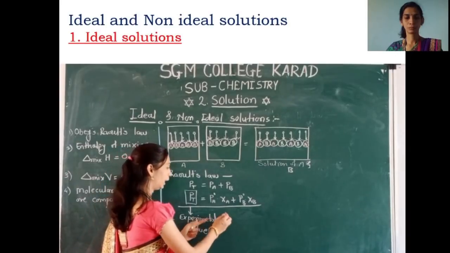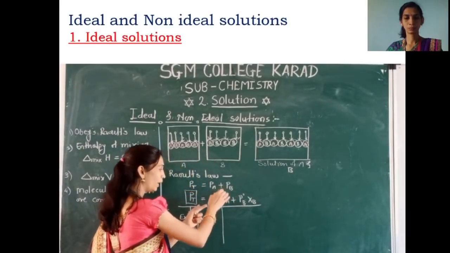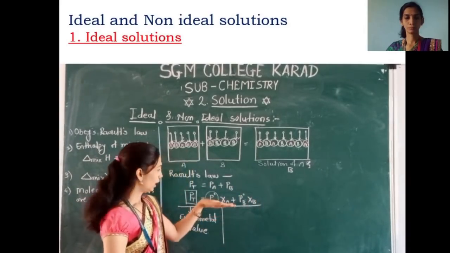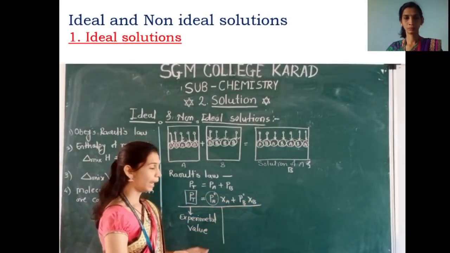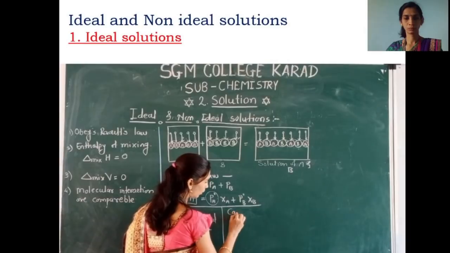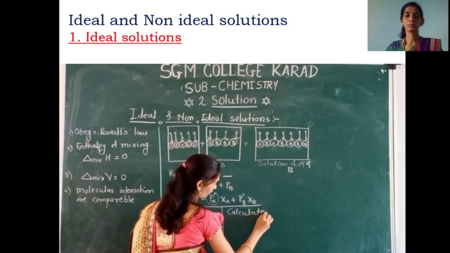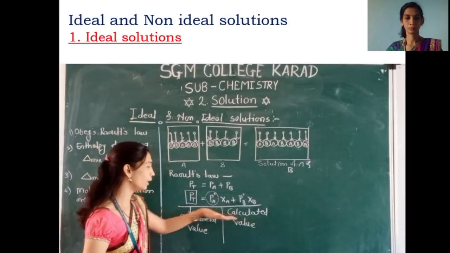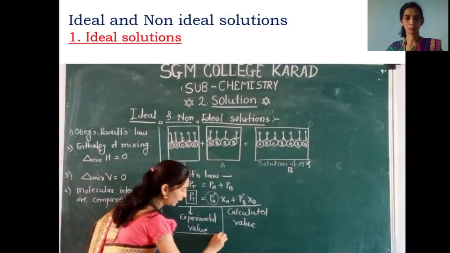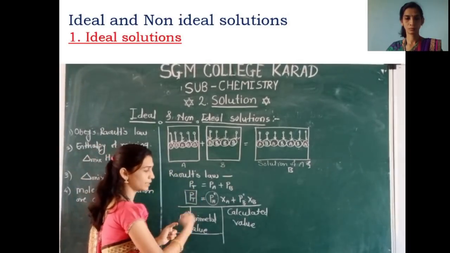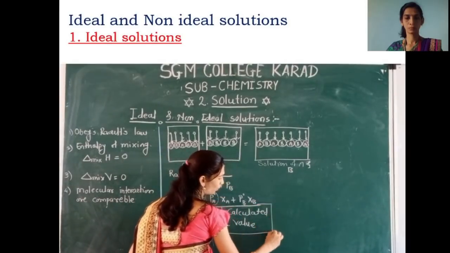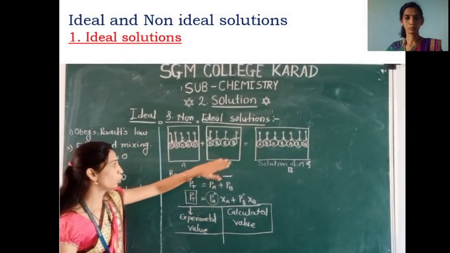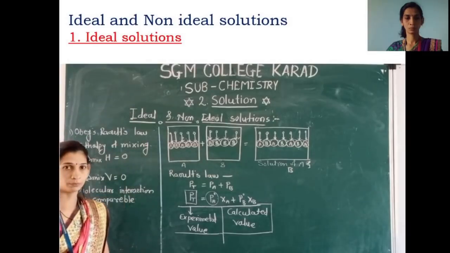If we put the values of P0A, XA, P0B and XB in the equation and find out the value, this value is known as the calculated value. If both values are the same, that means the experimentally checked total pressure is equal to the calculated value, then this is known as a solution that obeys Raoult's law.